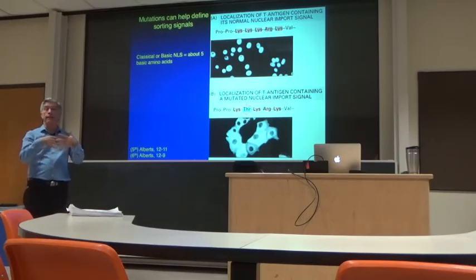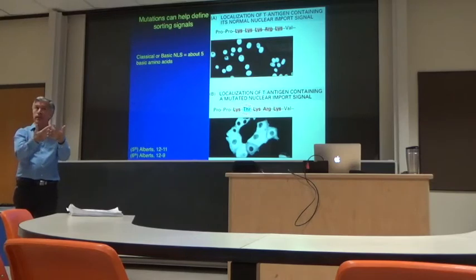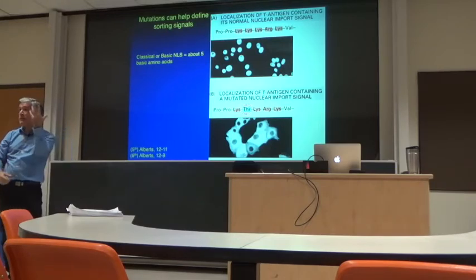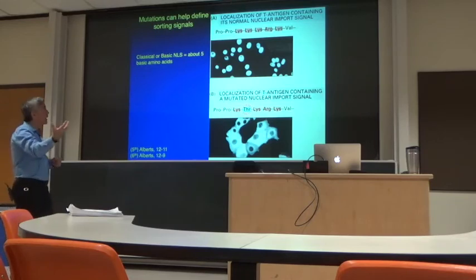The important thing is that these 5 charges have to be exposed on the surface of the protein so that, true of all signals, another protein can bind to that and act as a receptor. So we have a signal and we have to have a receptor.